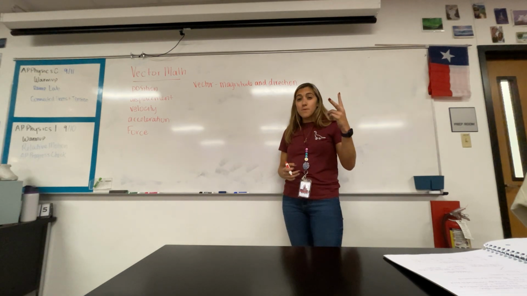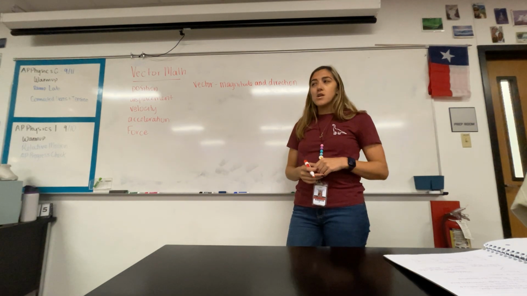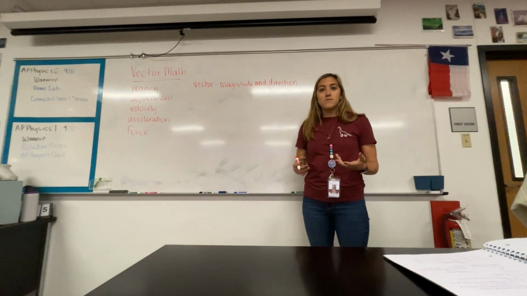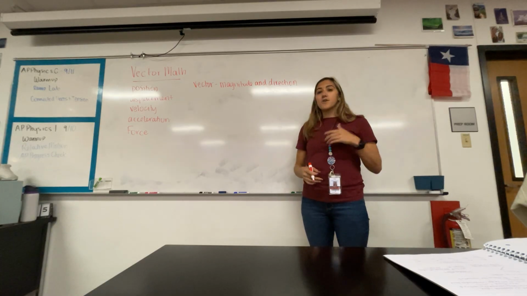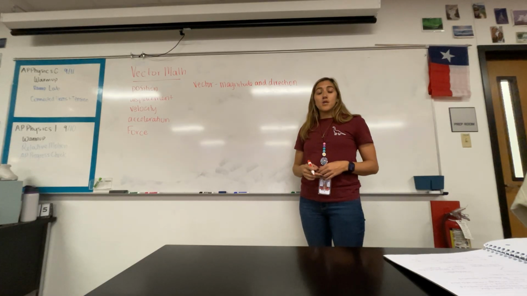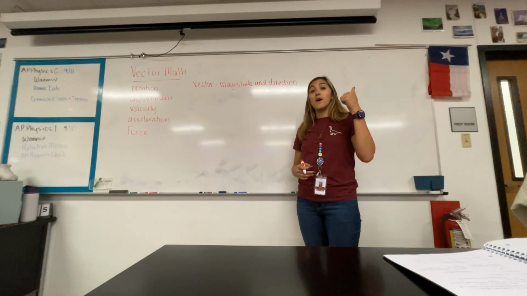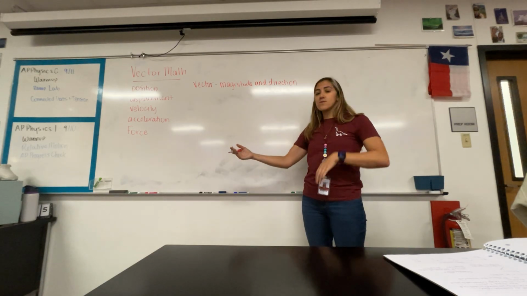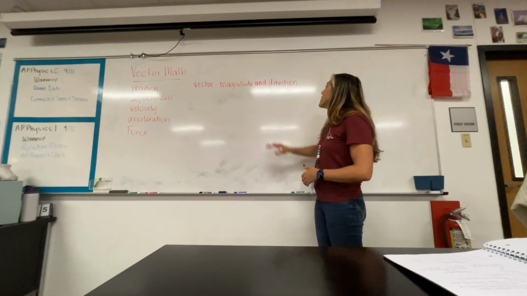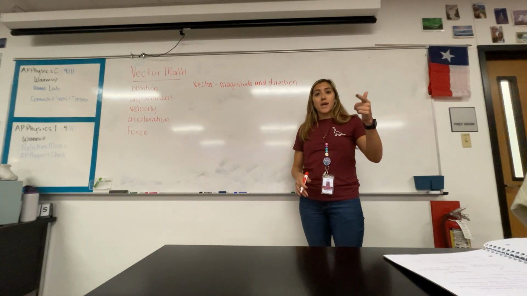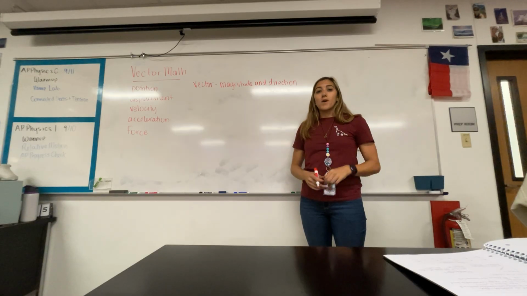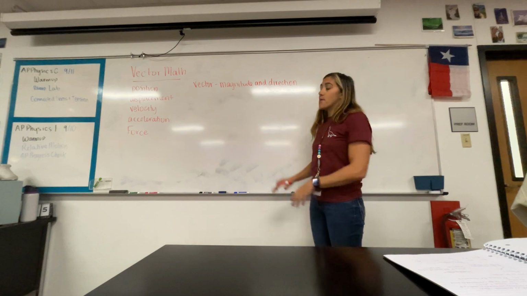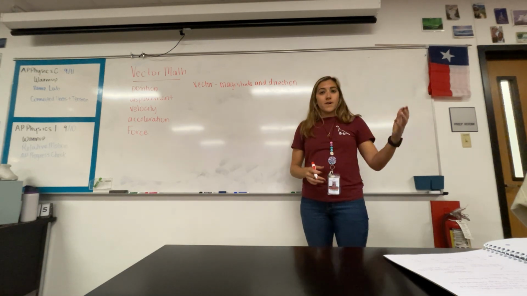When we get into two-dimensional vectors, we're typically going to describe direction instead of positive and negative with an angle. Right? We're going to say it's at 30 degrees above the horizontal. That tells me positive or negative in both the horizontal and vertical, and it tells me how much of it is horizontal, how much of it is vertical. So direction can be given as just positive or negative in one-dimensional motion, or in two-dimensional motion, it'll likely be given as an angle. So these are the two parts that are in a vector.